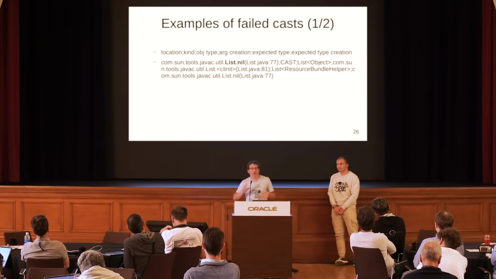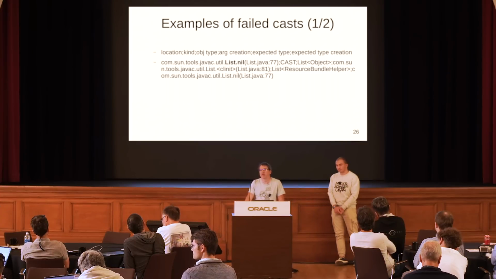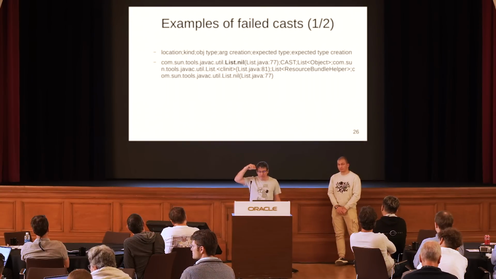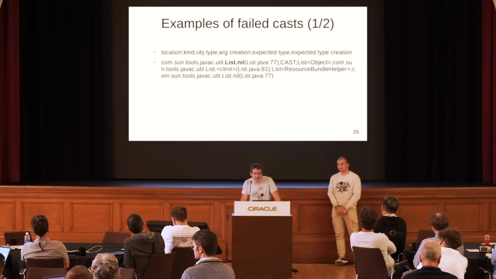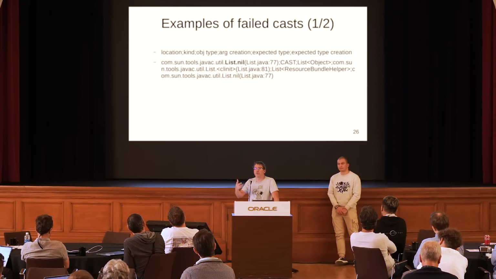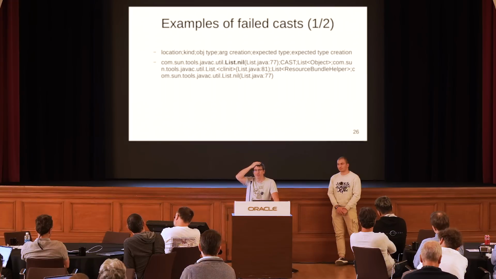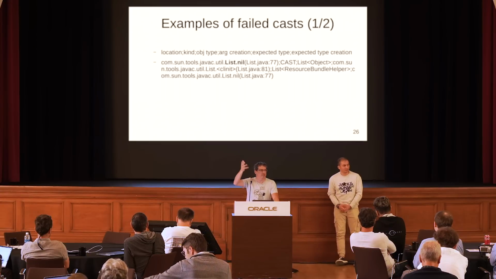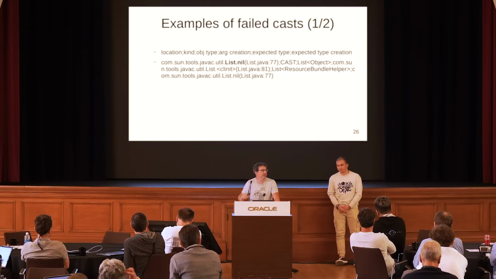We tried to categorize the different kinds of errors. So the first kind of error we have is when you try to create a singleton in Java. I don't know if you know the source code of the compiler, but there is a singleton called List.nil, which is equivalent to an empty set or an empty list or things like this.